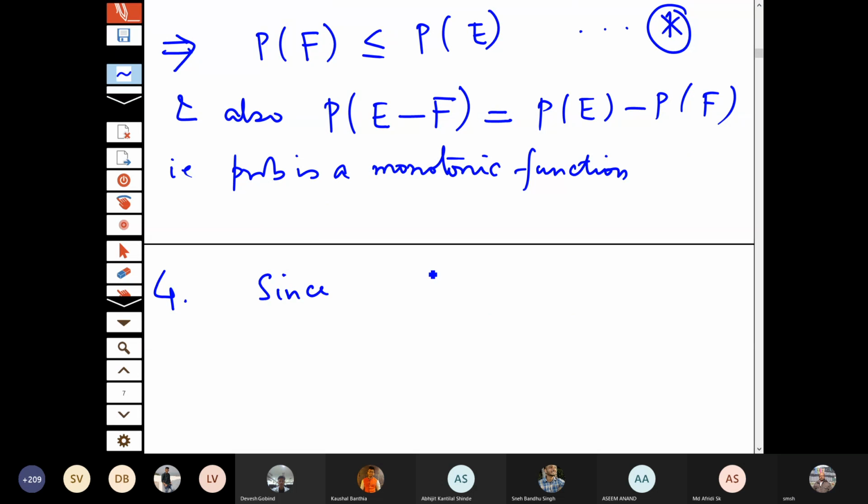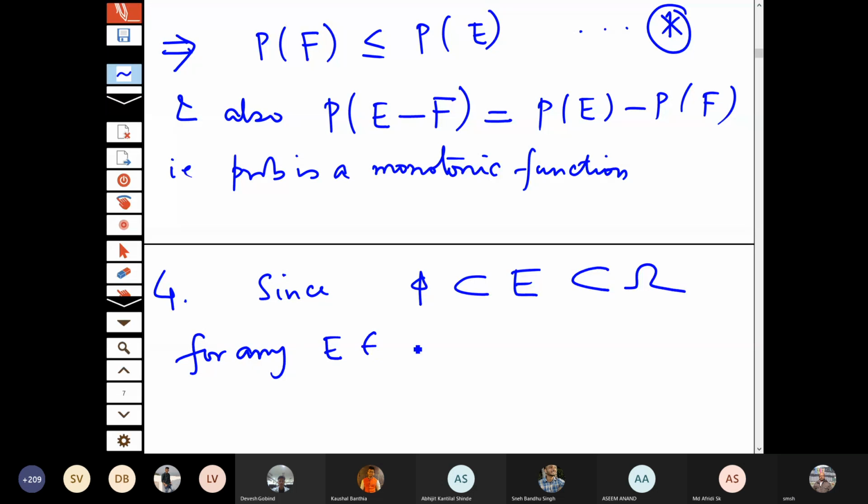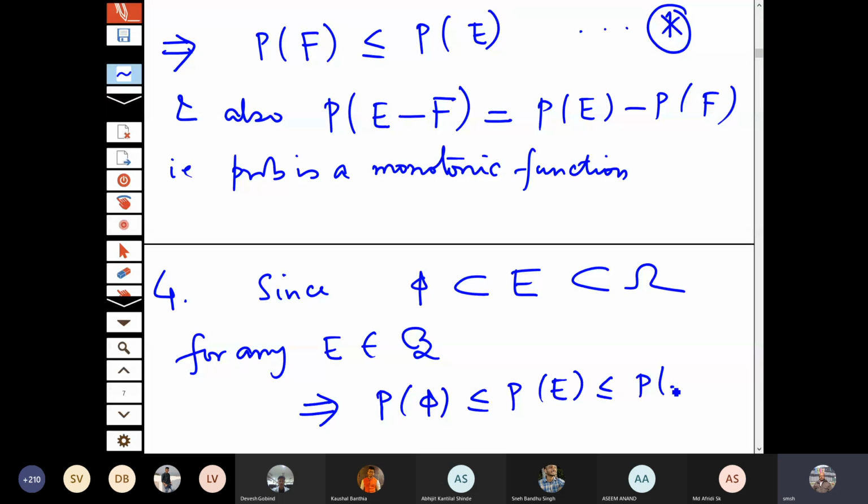Since you always have that phi is a subset of E is a subset of omega for any E, it implies that probability of phi is less than or equal to probability of E is less than or equal to probability of omega.